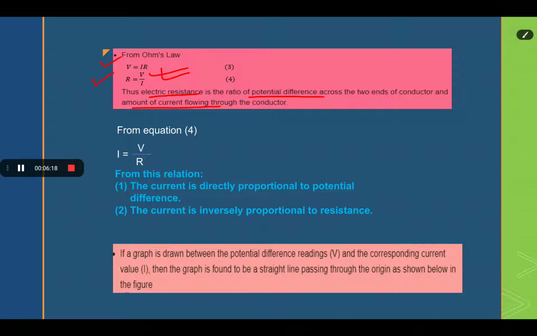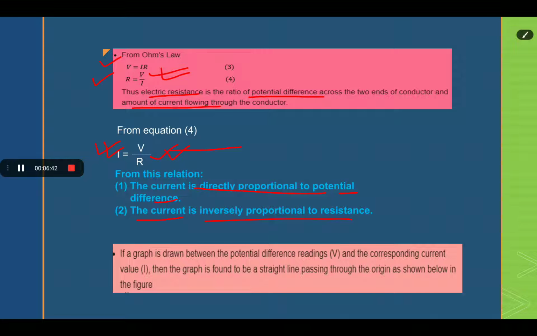Now, from equation 4, the expression for current can also be written as I is equal to V by R. From this relation, we know that current is directly proportional to the potential difference, and current is inversely proportional to the resistance.